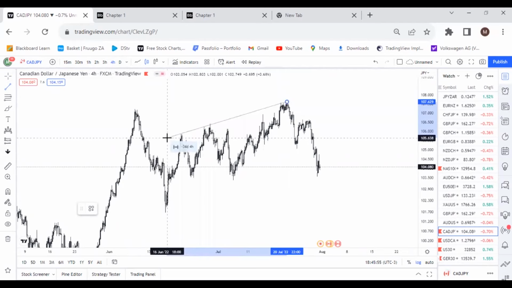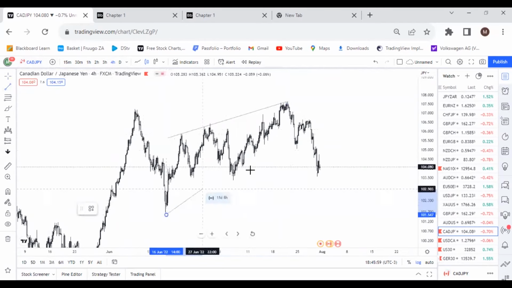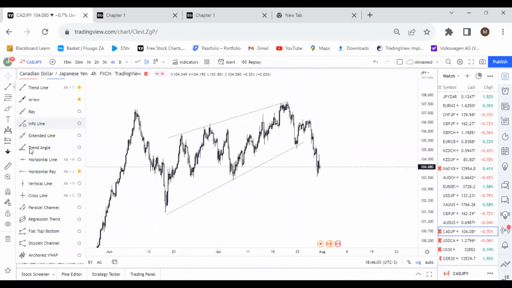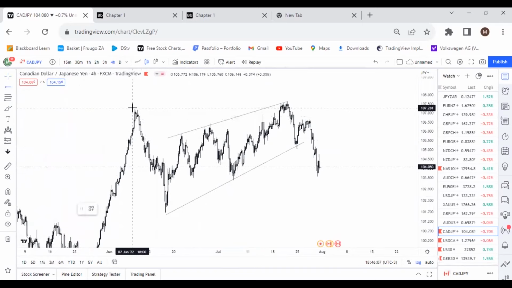But we have this ascending channel there, and if you look at the previous high, I'm just going to grab my horizontal ray and put it right there.